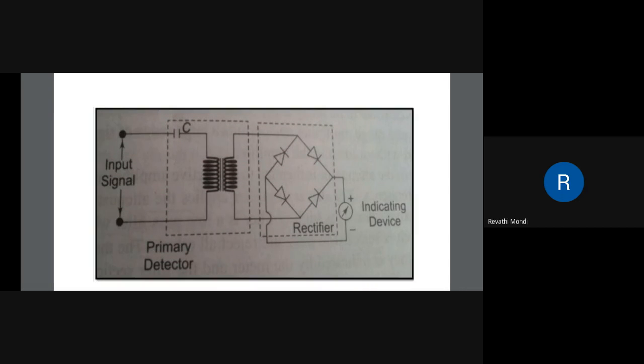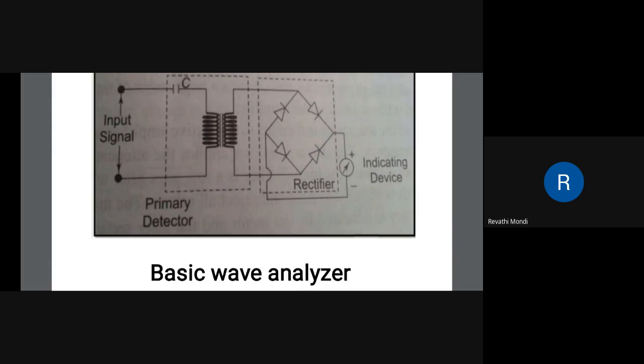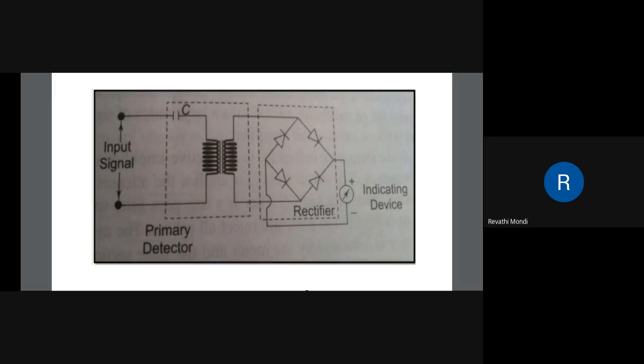Wave analyzer circuit diagram. In any laboratory component or instrument, we have to design a circuit diagram. As electronics students, we have to analyze every instrument through its circuit diagram. Based on this concept, we design the circuit diagram of the wave analyzer. This is the basic wave analyzer. Please see this wave analyzer diagram.